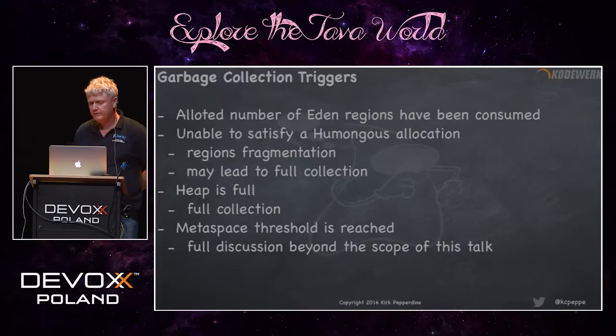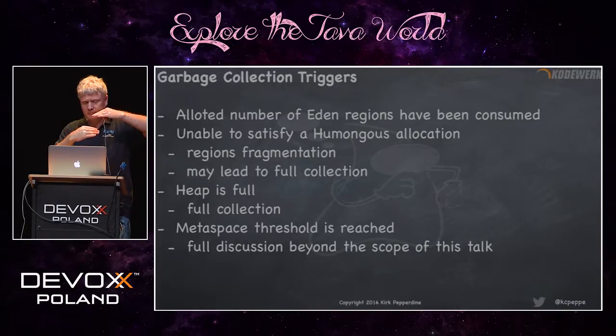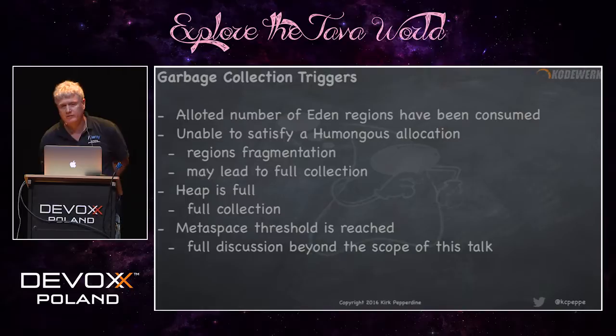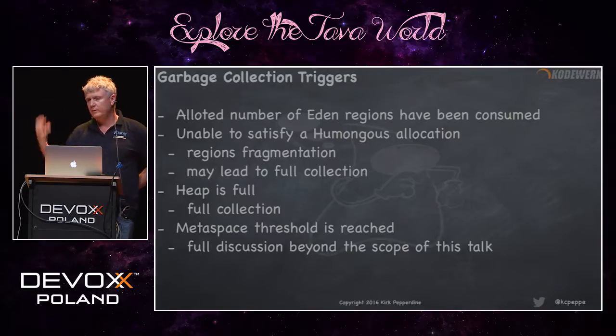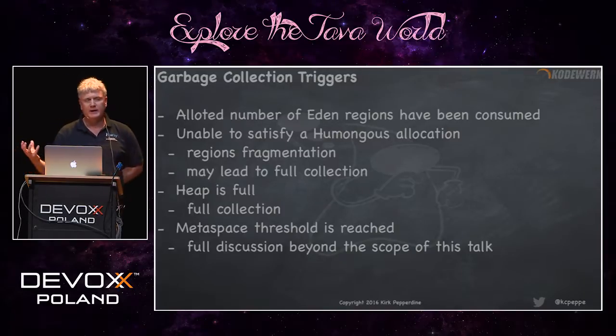So when the tenured space gets filled up so that it occupies 45% of the heap, that's going to trigger a concurrent mark of all of the tenured regions. The mark is now going to calculate an occupancy percentage of each of the particular regions, so how much of this region will be occupied by live data after I do the collection.